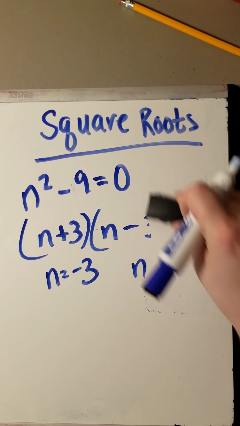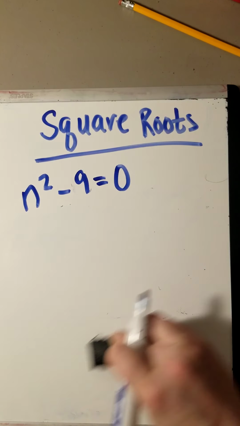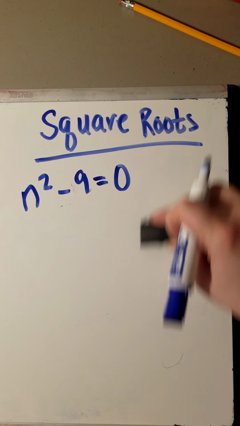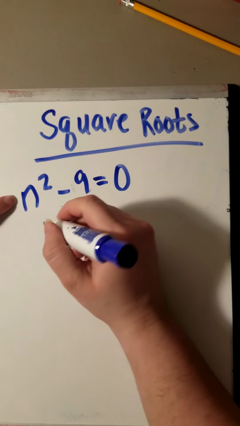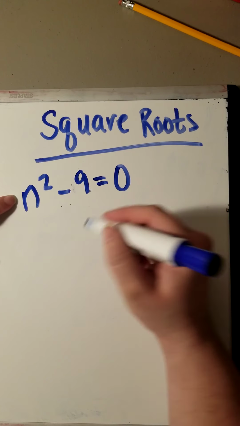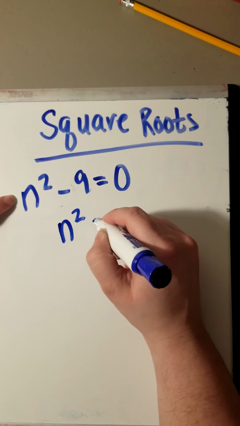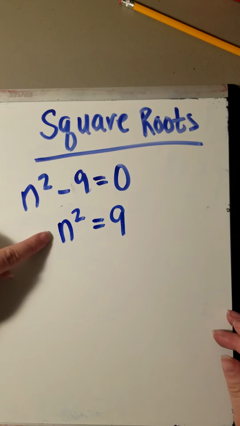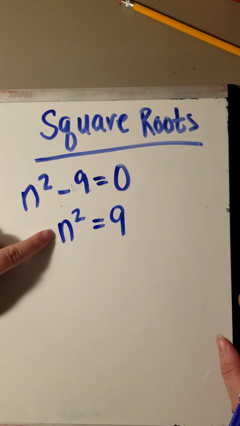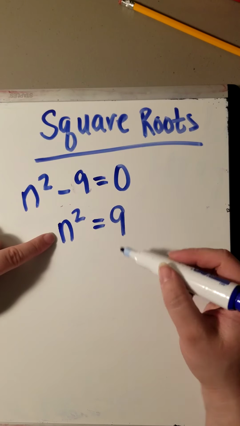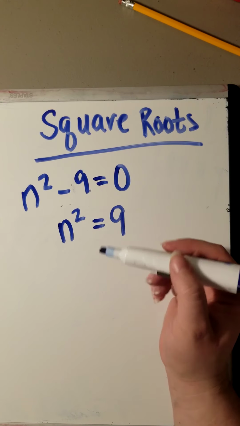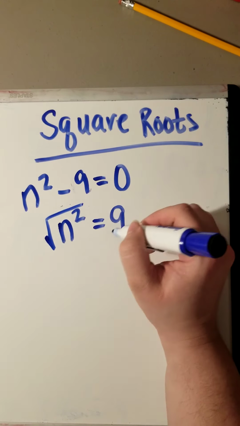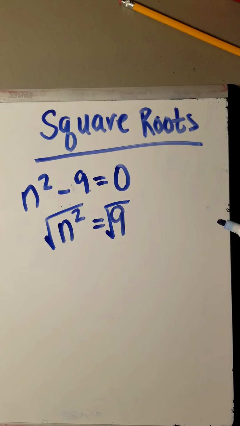However, this n squared and just this number here can be done another way. If I was to get this n squared by itself, I'd have to add 9 to this side, and I'd have n squared equals 9. And in order to get this n by itself, right now this n squared is n times n, right? The opposite of a square, we talked about this in class a couple of times, is a square root. I would have to take the square root of both sides.